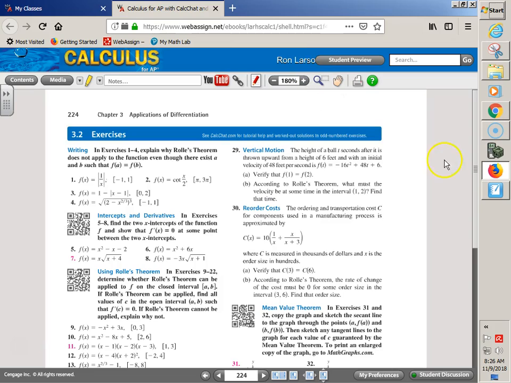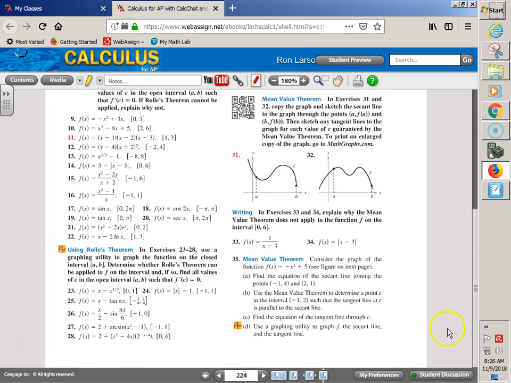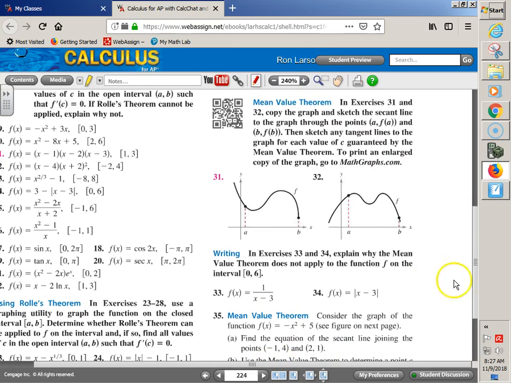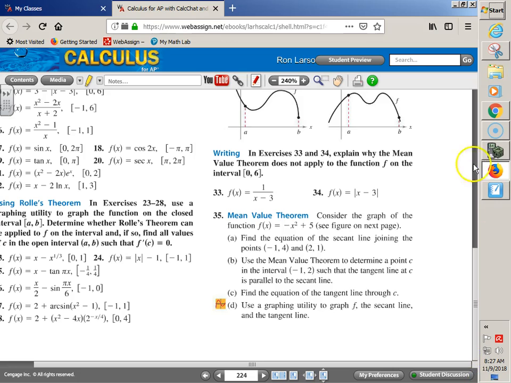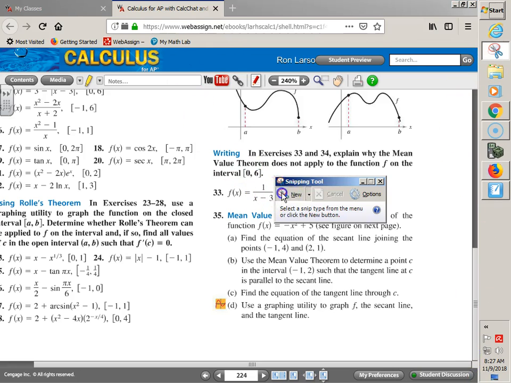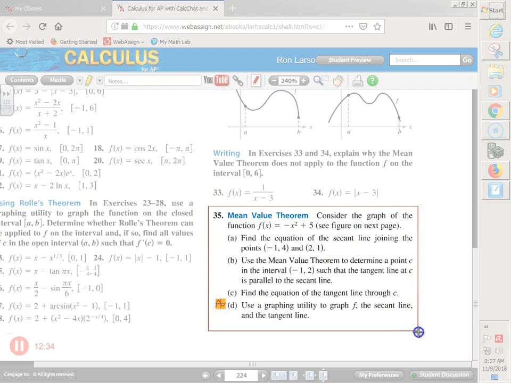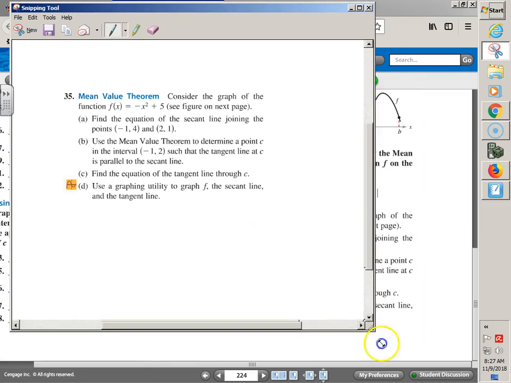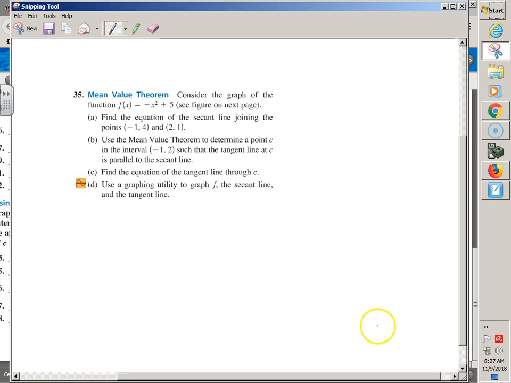MVT. But it had some words, huh? This one sounds a lot like number 56 that we were just looking at, right? Sort of similar with the whole secant line, tangent line, figuring out the C, where they match, etc.